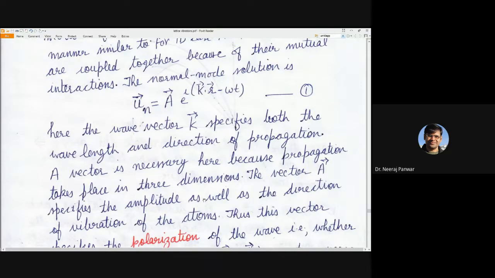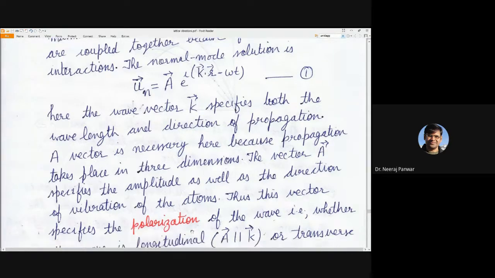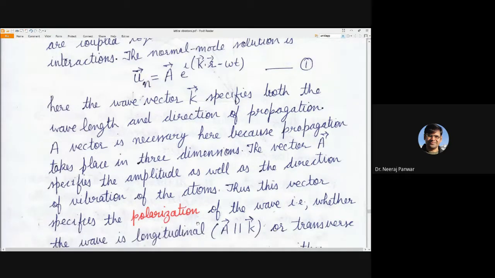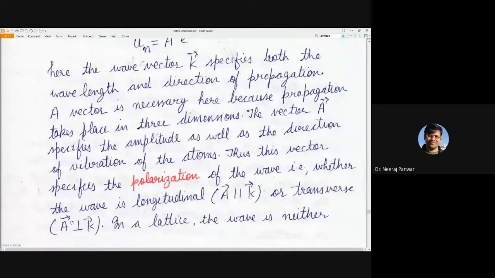So what is the meaning of direction of vibration? It specifies the polarization of the wave, the direction of polarization of the wave. For example, if A vector is parallel to k vector, it will be a longitudinal wave, or when A vector is perpendicular to k vector, it will give rise to a transverse wave.